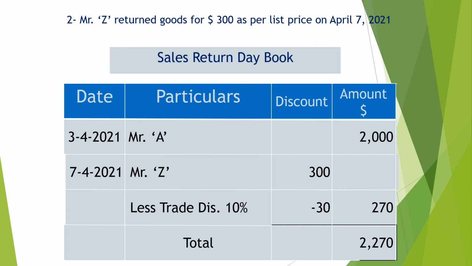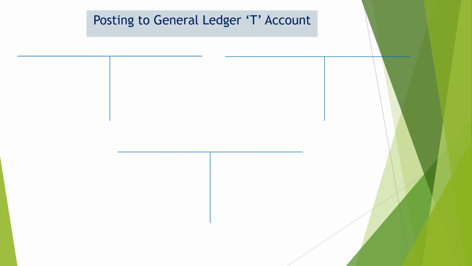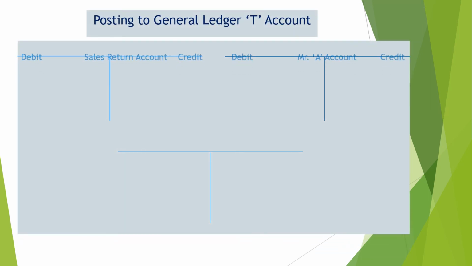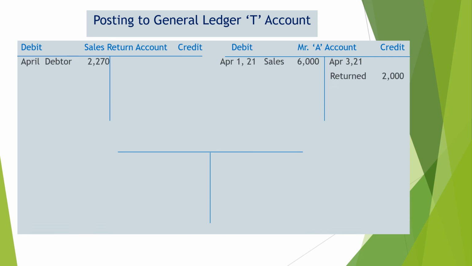Now, assuming that the total sales return for the month of April was $2,270, let's post the sales return daybook transactions for the month of April. You can see the total of the sales return amount being debited to its account in the general ledger, which is $2,270.